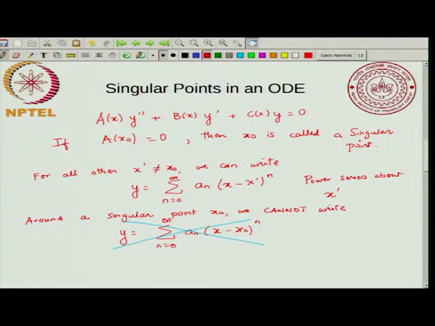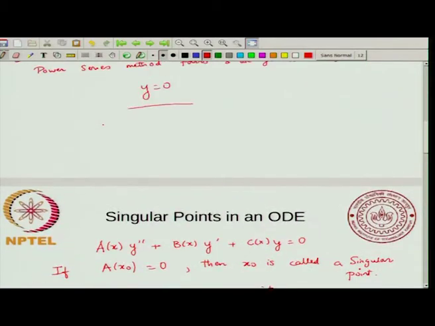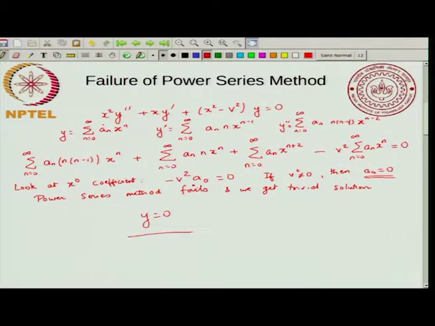Now you go back to the equation that we had, x square y double prime. Clearly, a is equal to x square. So in this equation you have a(x) equal to x square and a(0) equal to 0.